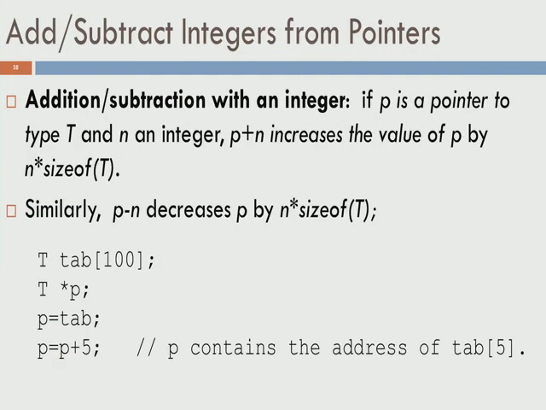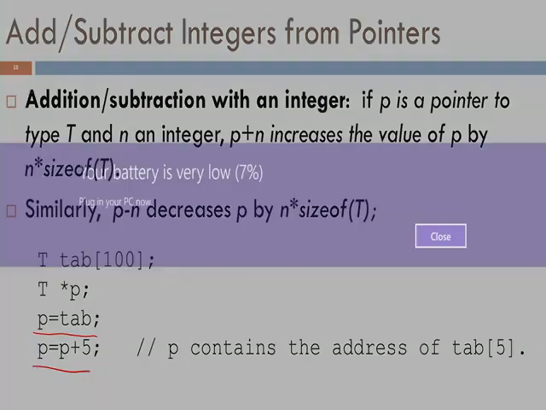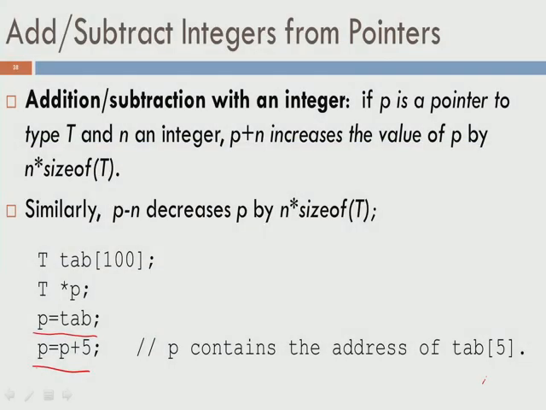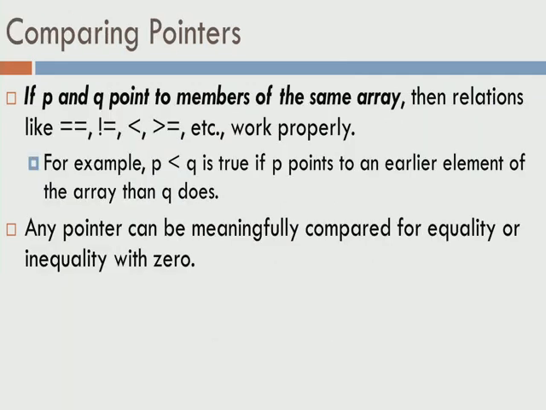You can also add and subtract from pointers. You do not have to do just increment and decrement, you can also add. In this example, we have made P point at the 0th location of tab and we are adding 5 to it, which means it will start pointing to tab of 5.